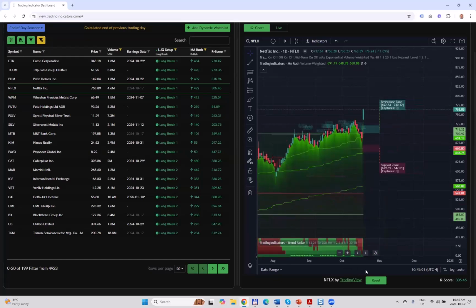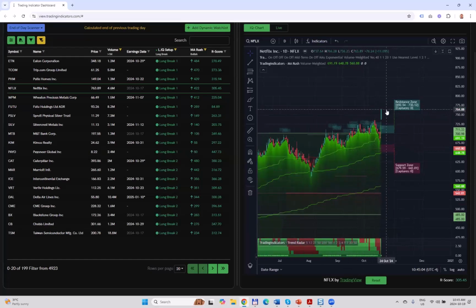And wow, nice one. I would not enter long here because we had a big gap, and the reason why not is gaps tend to be filled over time, or at least attempted to be filled. And of course, if we see such an attempt, we're going to see some more downside action here for Netflix.